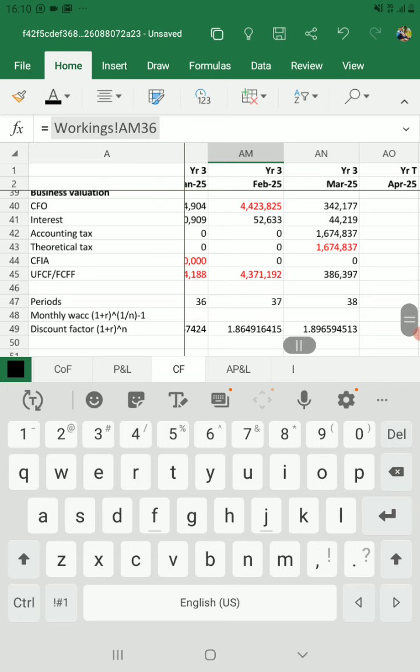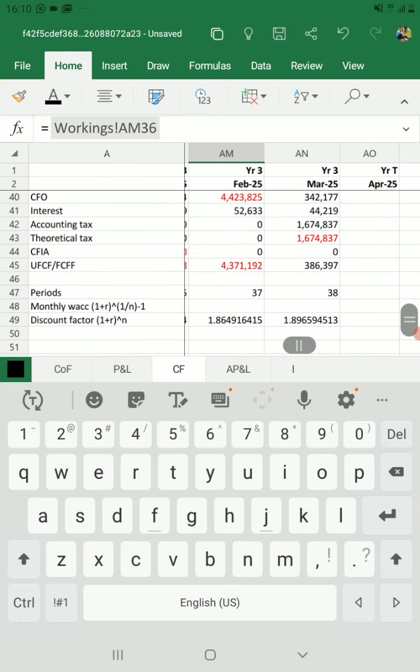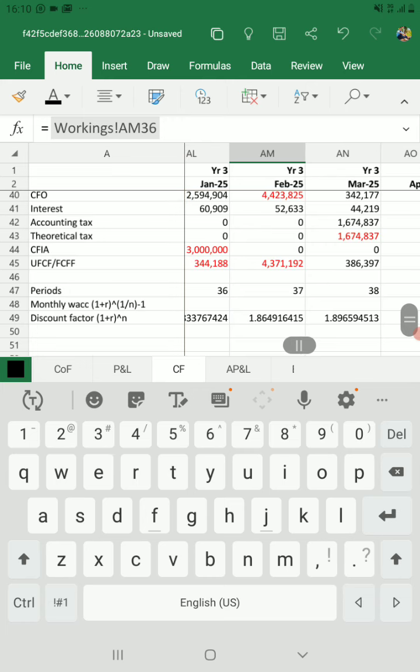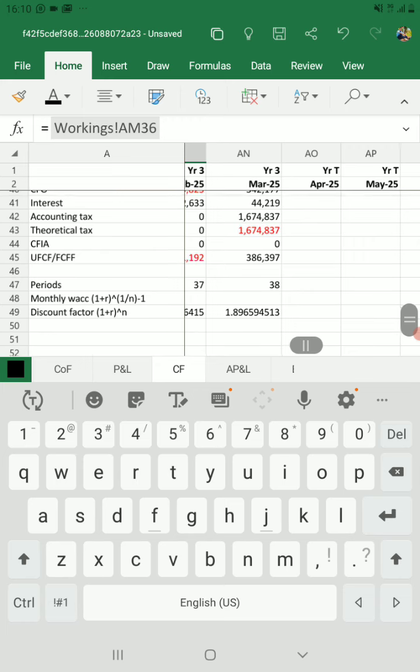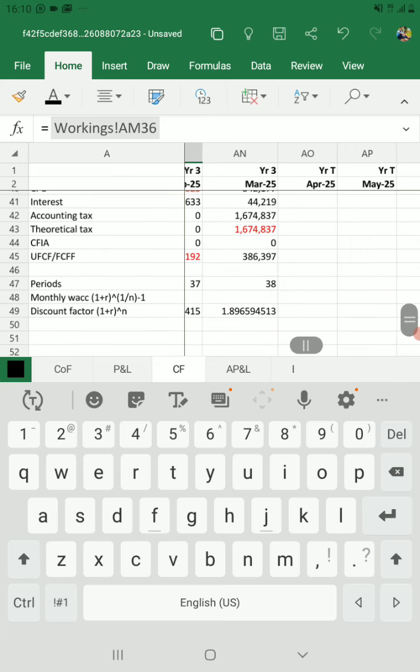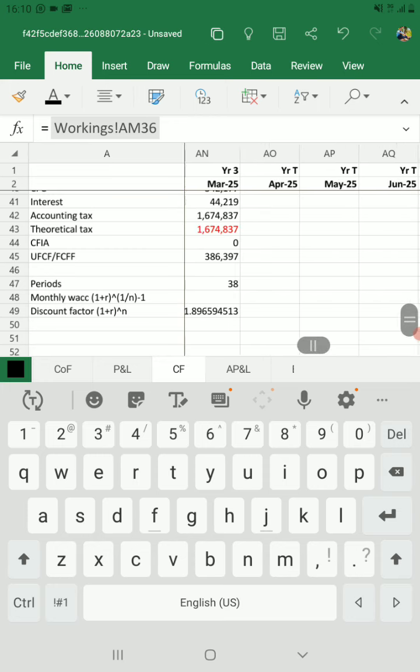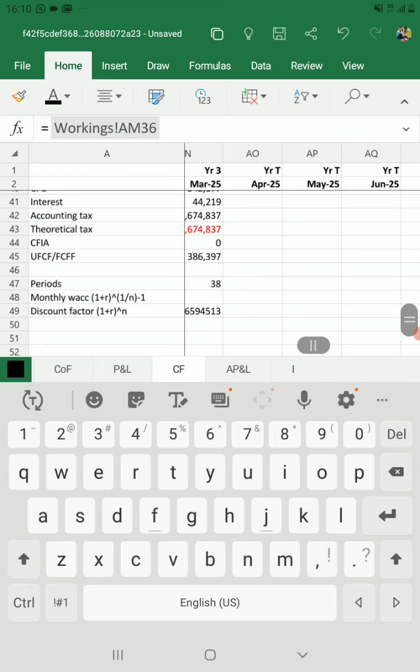So what I will do is take the average of the figures that are not outliers, to use as a base, as the end figure to use for terminal valuation. So let me put it here, it will be the terminal value figure.